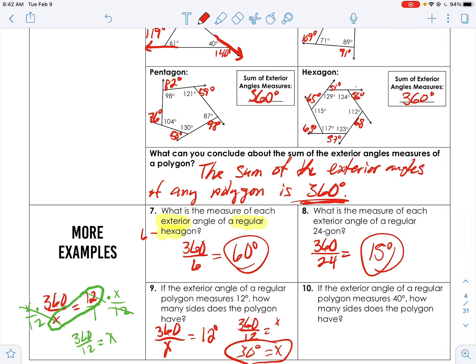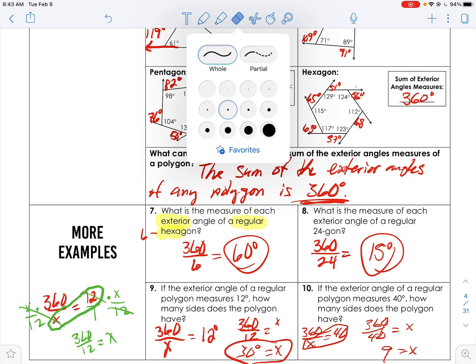Okay. If the exterior angle of a regular polygon measures 40, so if 360 divided by something equals 40, how many sides does it have? Well, I'm going to do a diagonal switch, and I'm going to say 360 divided by 40 equals x. Drop the zeros. 36 divided by 4. That's a 9, actually.